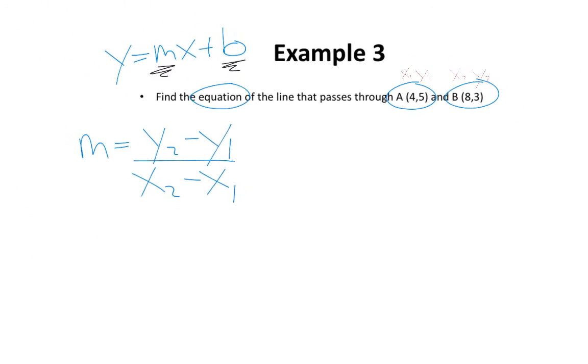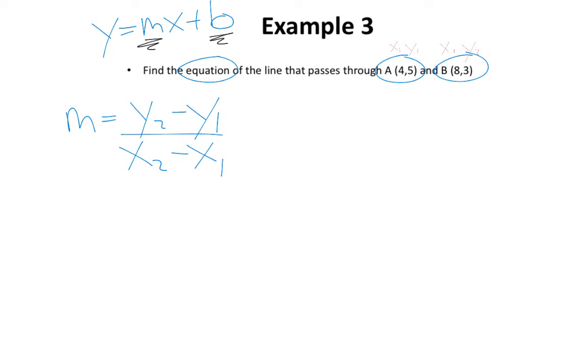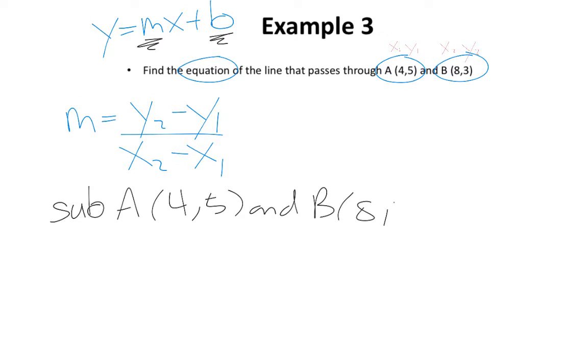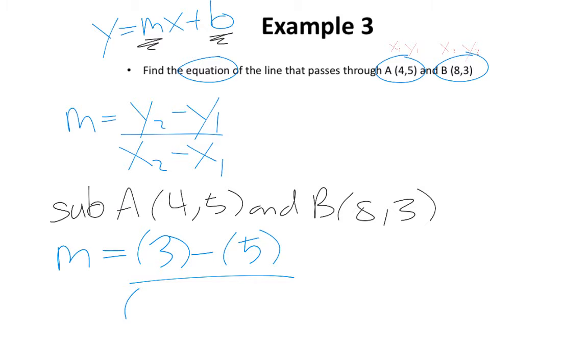So when we go back to our equation, we can substitute in these points. So let's say sub point A, which is 4, 5, and point B, which is 8, 3. Let's substitute in these values. y2 is 3, y1 is 5, x2 is 8, and x1 is 4.